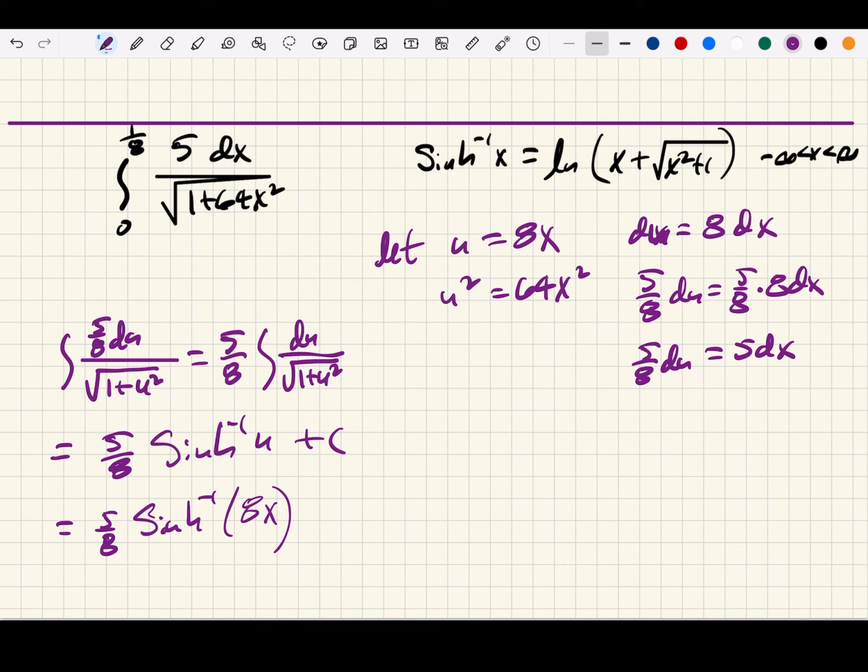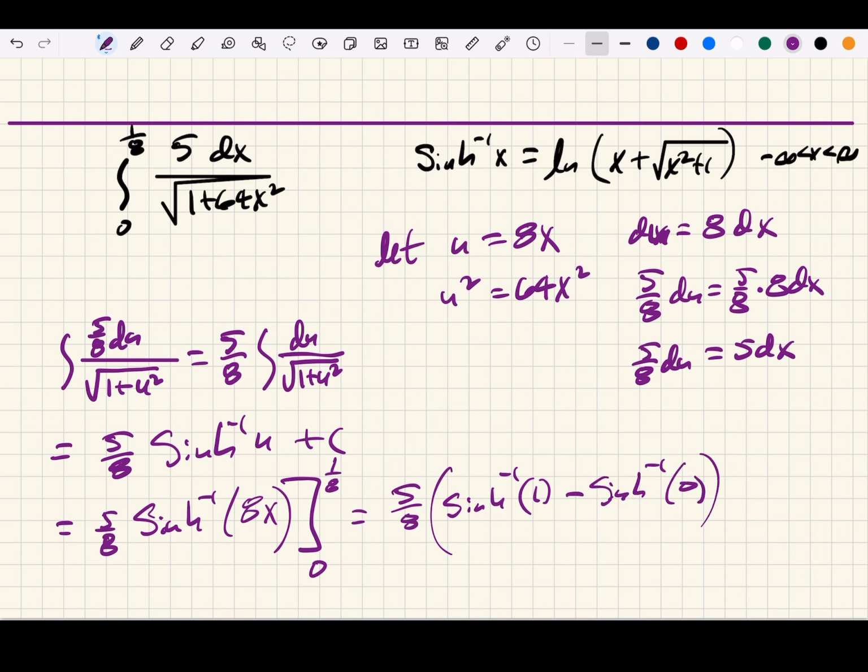And now I'm going to put my limits in since I have substituted, 0 to 1/8. Okay, so we have 5/8. Now this is going to be inverse hyperbolic sine of 1, minus inverse hyperbolic sine of 0.